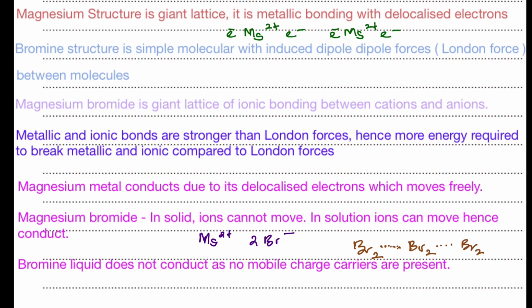So those are London forces, and breaking those bonds is easier compared to metallic or ionic bonding. This is ionic bonding, that will be metallic bonding, and this will be London forces. Those are external forces, and these are internal, and the internal ones are more difficult to break than the external.